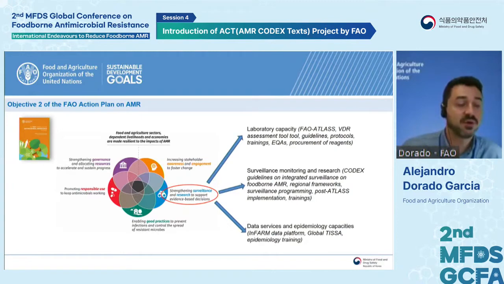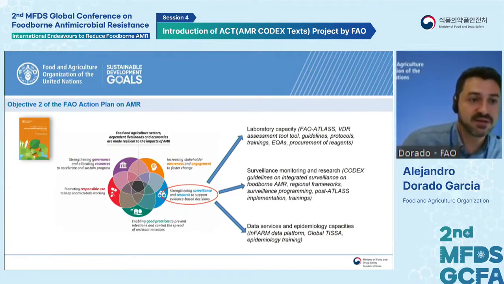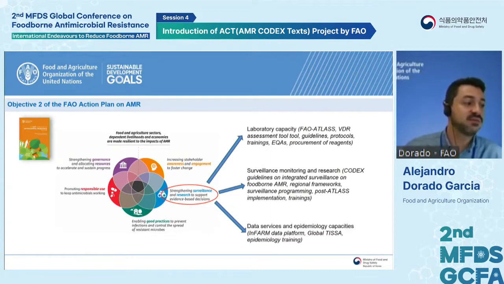One is on building laboratory capacities through the deployment of assessment tools, external quality assurance, procurement of reagents, etc. We also have one output on building surveillance, monitoring, and research capacities. Here is where we have frameworks, the Codex guidelines on integrated surveillance, post-ATLASS implementation for generation of roadmaps for action for countries, etc. Then the action plan in 2021 also gave a very clear mandate to FAO on the establishment of data services and epidemiology capacities.